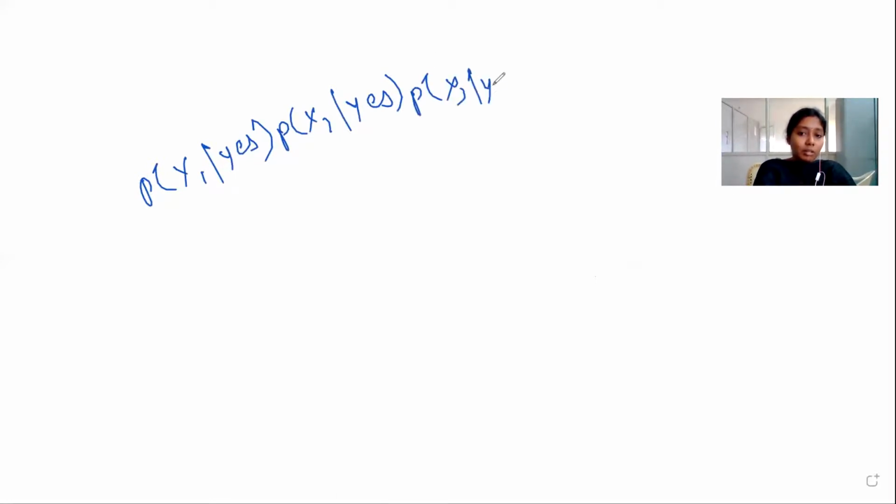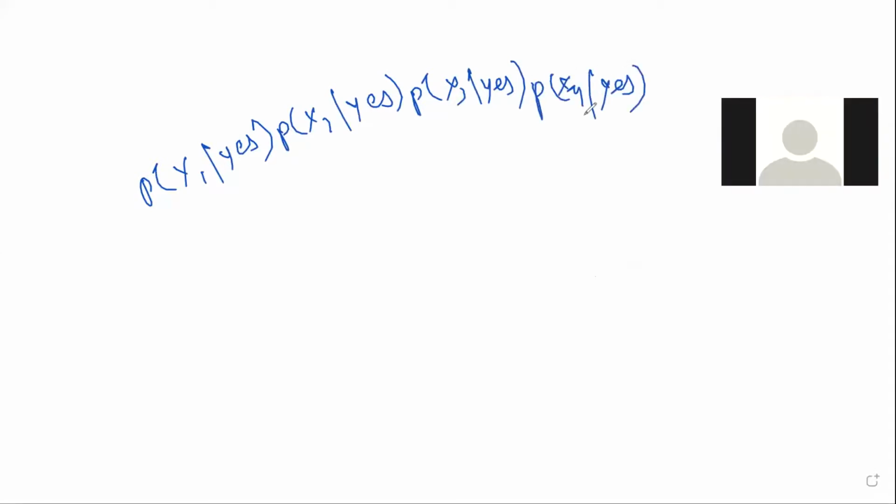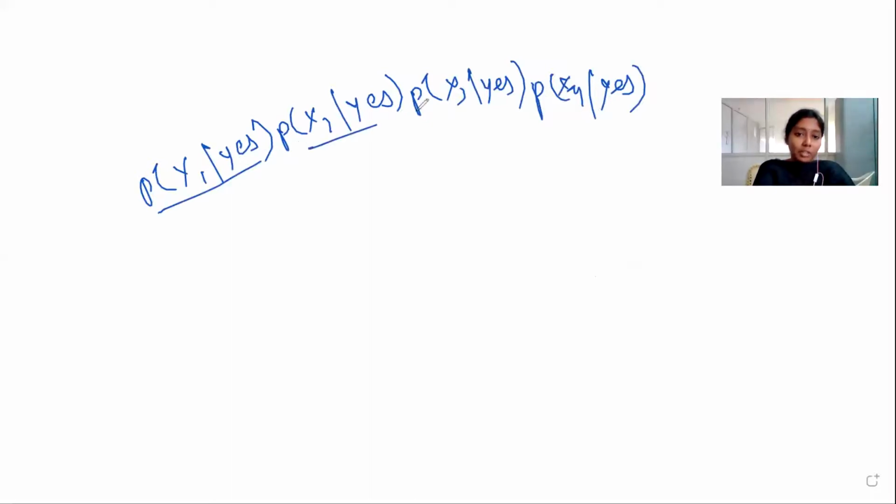So here P of X1, P of X2. How many attributes are there for the given tuple? I think 4. So we need to calculate the individual things and take the product of all those.